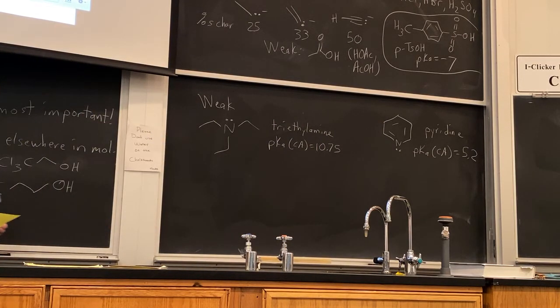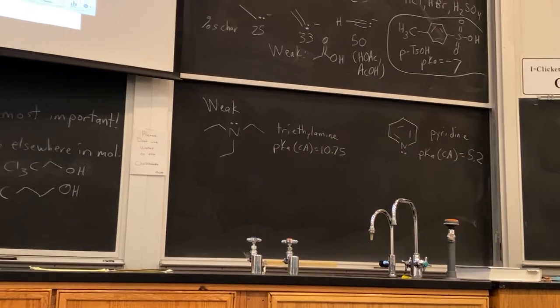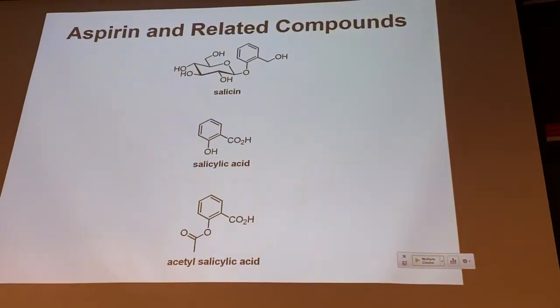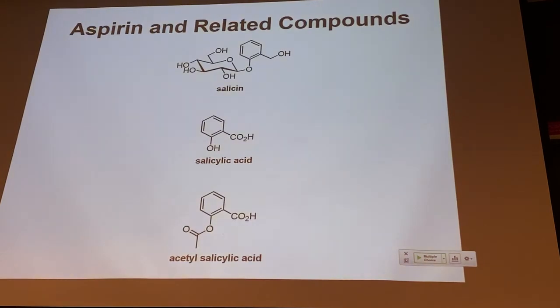All right, in the last couple minutes, let's talk about aspirin. Aspirin is this compound down here, acetyl salicylic acid. It has a great history that we don't have time to go into, but salicin is a naturally occurring compound that comes from willow bark that has been used since Greek times to treat pain and fever.